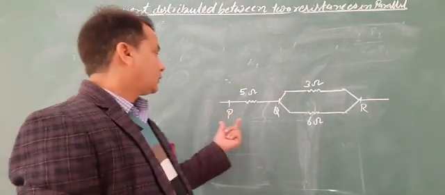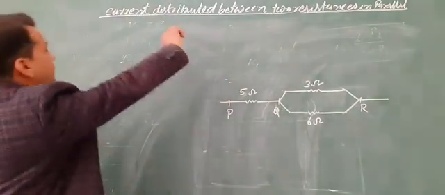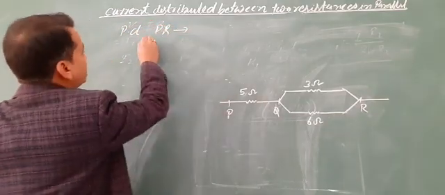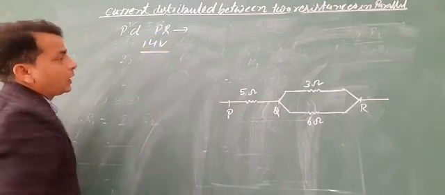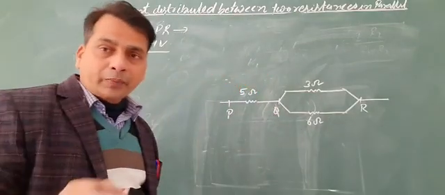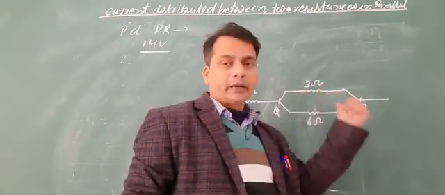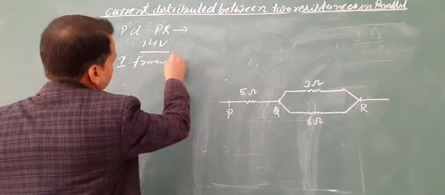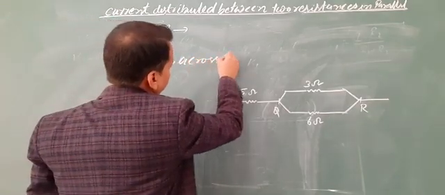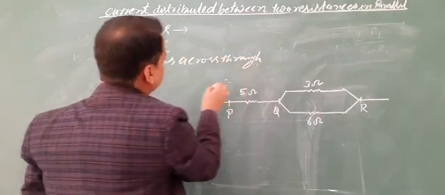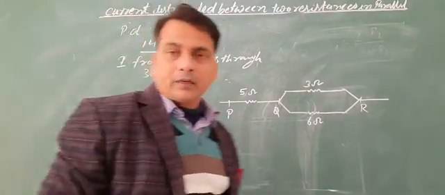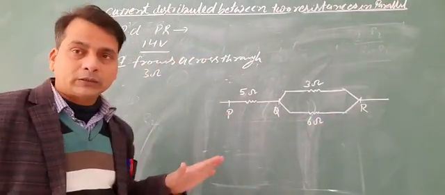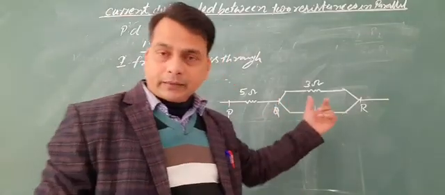The question: the potential difference across PR is 14 volt, and what is the value of current flowing across the 3 ohm resistor? So the potential difference between P and R is 14 volt. What is the value of current across the 3 ohm resistor?